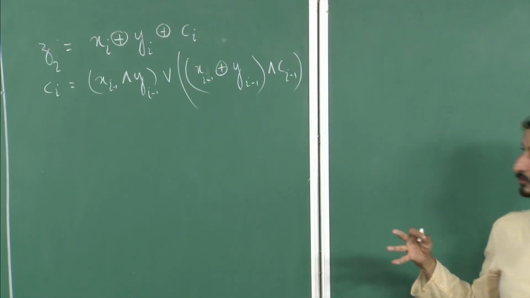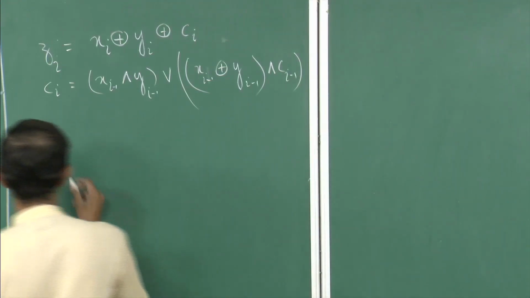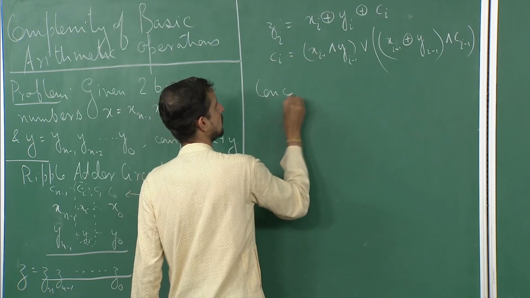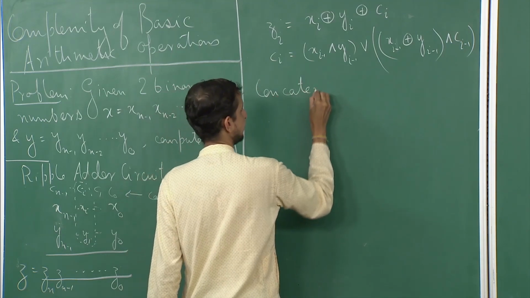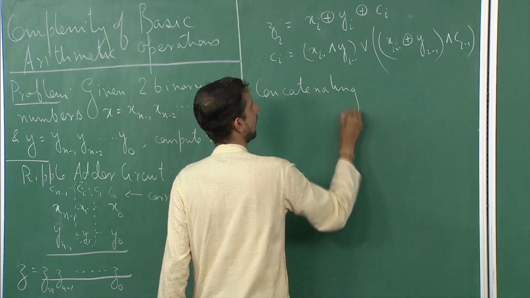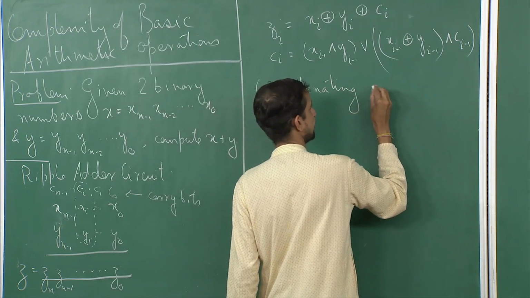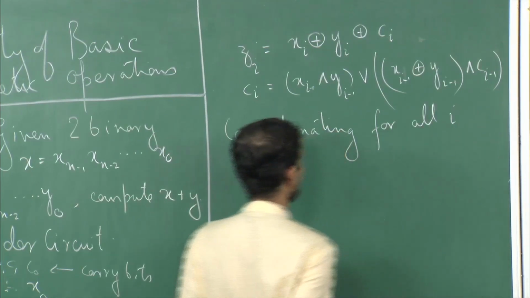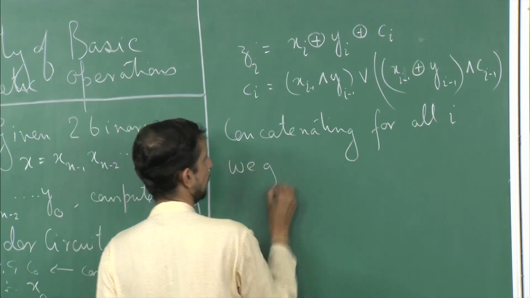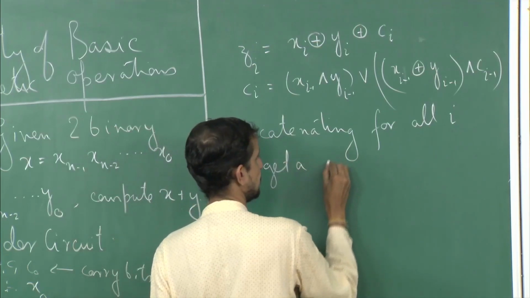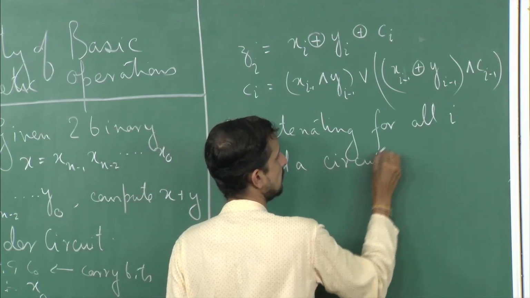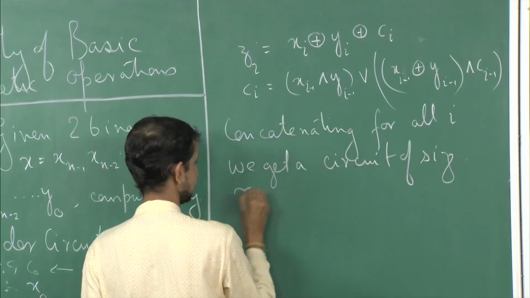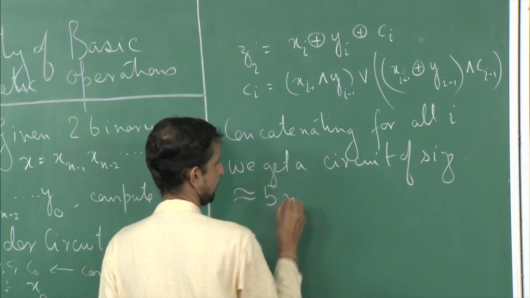So if I just do this n times, concatenating for all i, we get a circuit of size roughly about 5n.